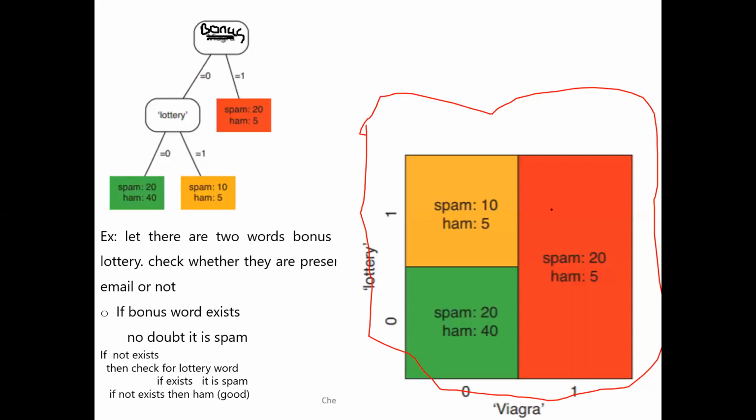You can also see a diagram where on the x-axis we have taken one word and on the y-axis the second word, and we can clearly come to a conclusion.